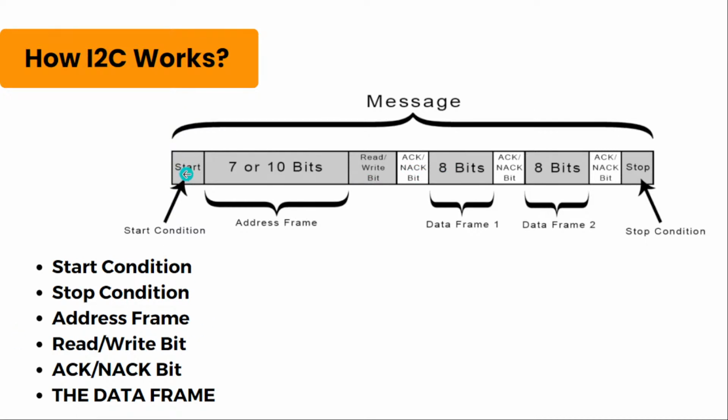So first, the start condition. How to start this I2C? The data line switches from a high voltage level to a low voltage level before the serial clock line switches from high to low.